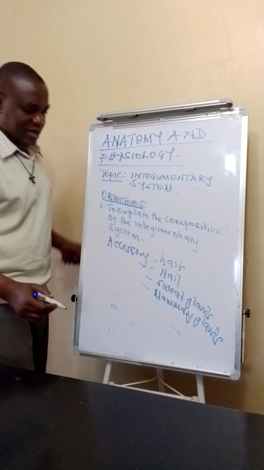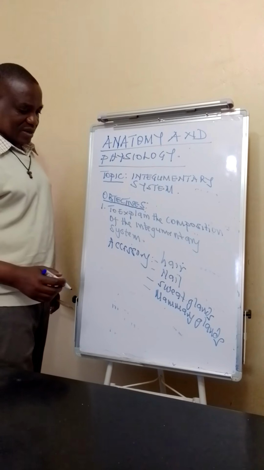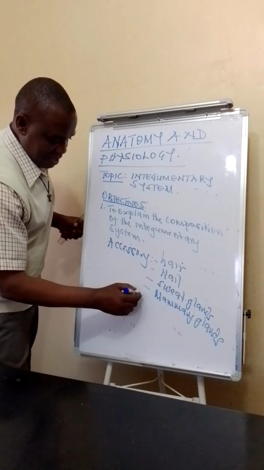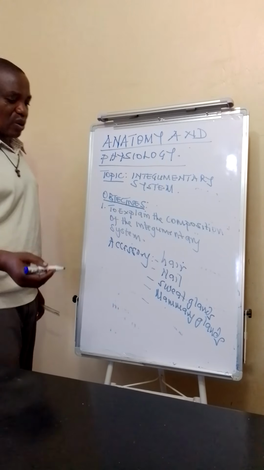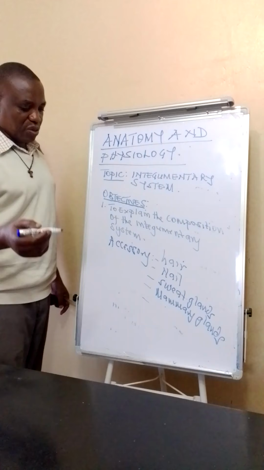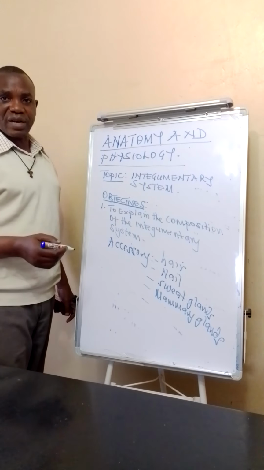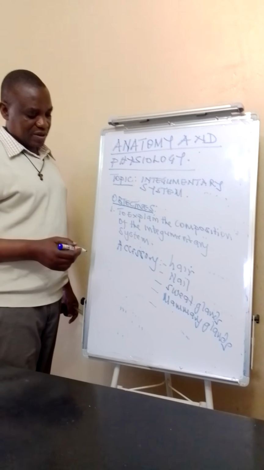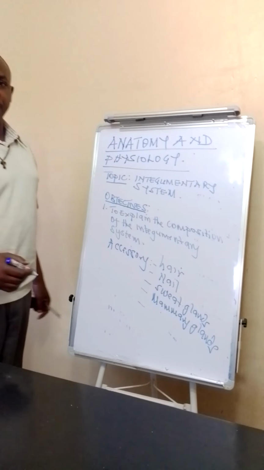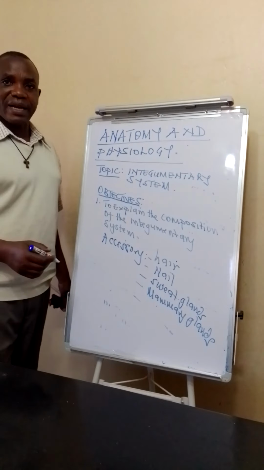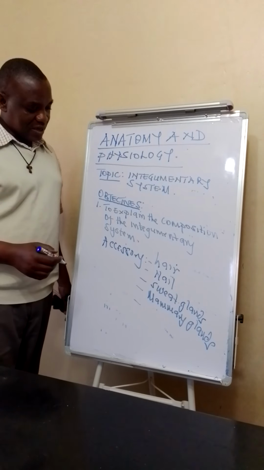Since we are dealing with humans here, in other organisms you may have, for example, claws and hooves. Those are accessory organs of the skin. These are component parts of the skin, and they help the skin to function.